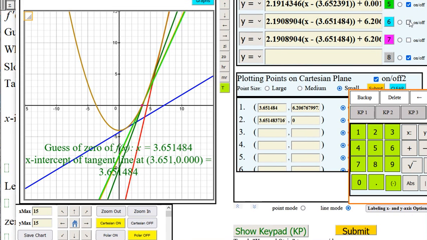And if we want to move even closer, then we would go to the sixth iteration, and we get another tangent line with an x-intercept that's even closer to the zero of the function. And then if we want closer, we will go to the seventh iteration, and we will get a tangent line with an x-intercept that's even closer, and so on. And so that's Newton's method for finding zeros of functions.